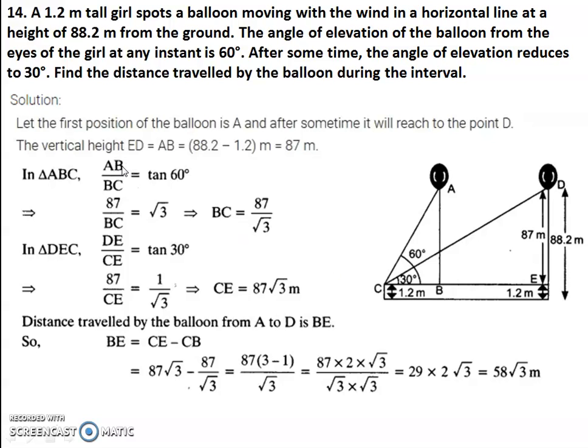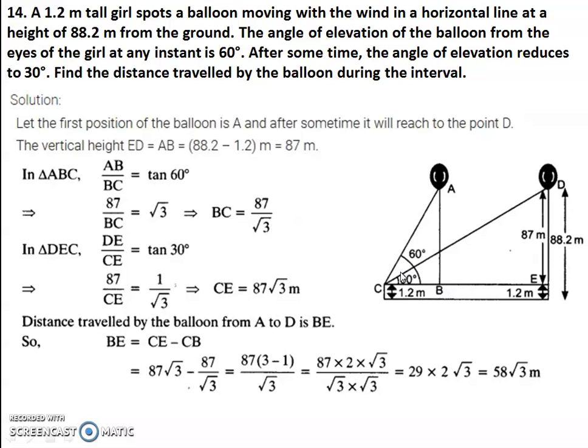Now you know AB is equal to 87 meter. So 87 by BC is equal to root 3. Root 3 is tan 60 degree. By cross multiplying, we got BC is equal to 87 by root 3.